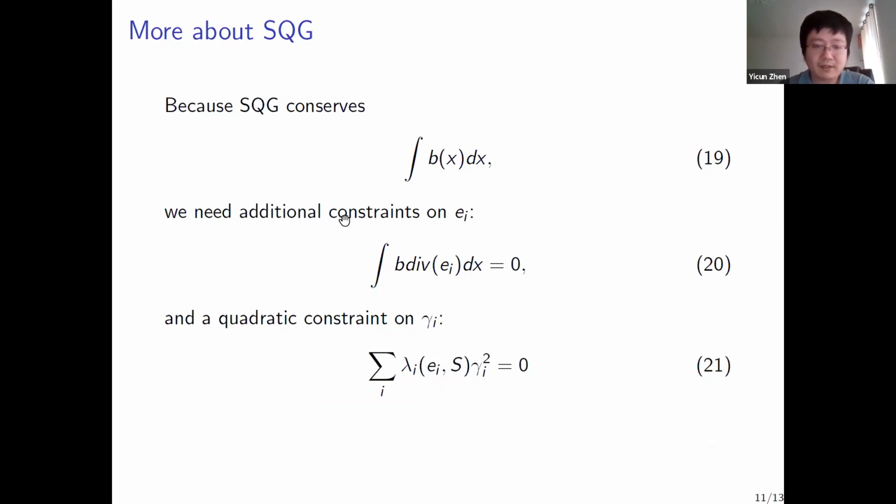So we need to add more constraints to the basis function of your Brownian motion, and to the variance of your Brownian motion. Basically, we need these two more quantities. This means that this e_i, the basis function, may be adaptive. It should not be fixed in time.